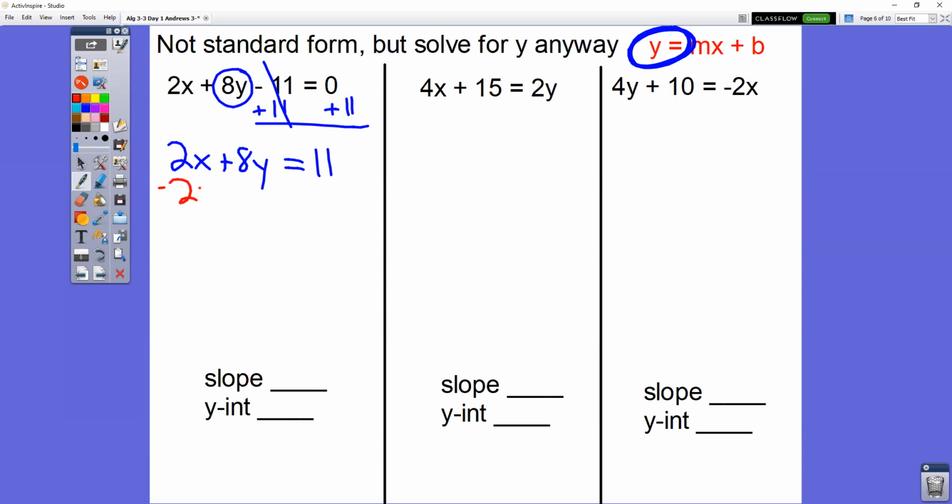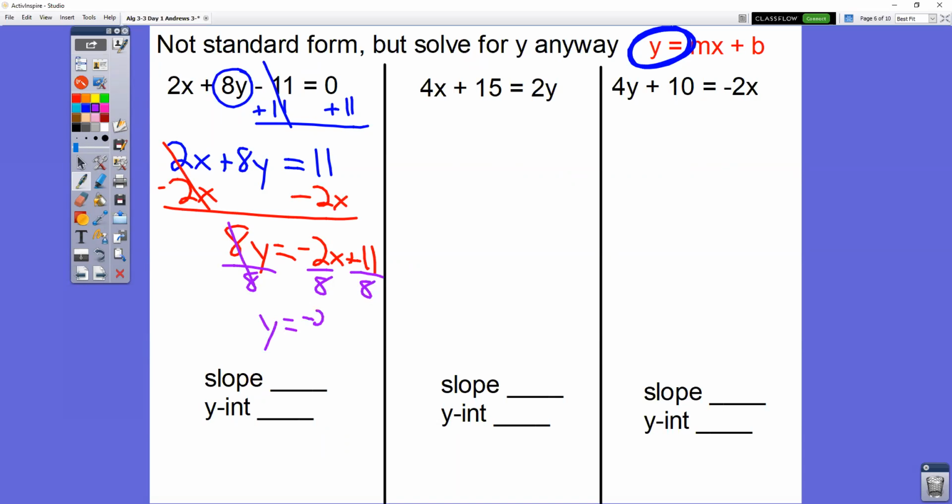So now I want to subtract 2x, subtract 2x. I would have 8y equals, I can't subtract those, but I'm going to switch around the order. So -2x plus 11. The last thing that I'm going to do is divide by 8, divide by 8, divide by 8. So I get -2/8 x plus 11/8.